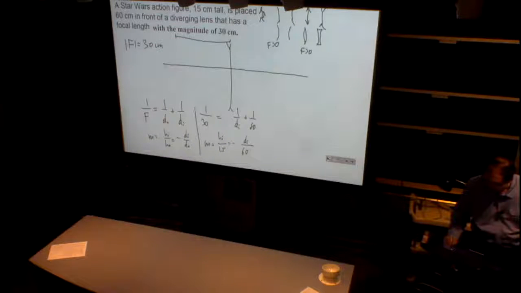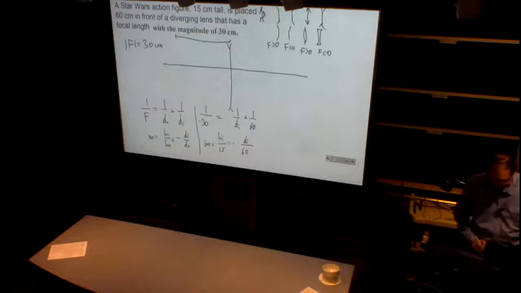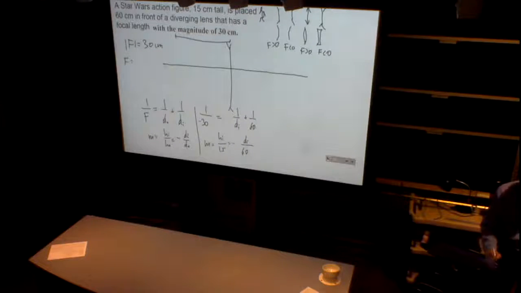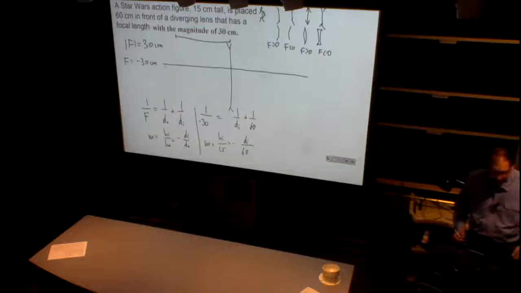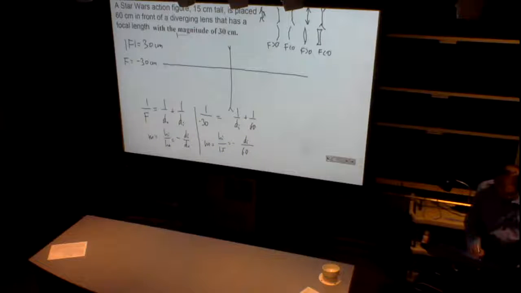For diverging devices, the focal distance is negative. But that's an easy fix. So again, we just need to know the difference between the magnitude and actual value. Magnitude is never negative, and actual value, well, depends.